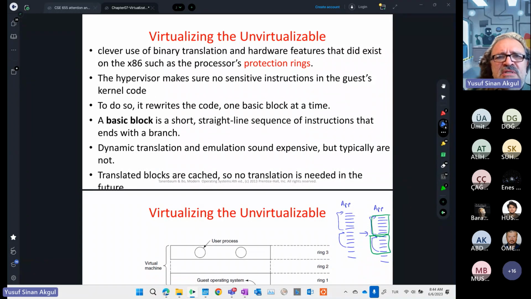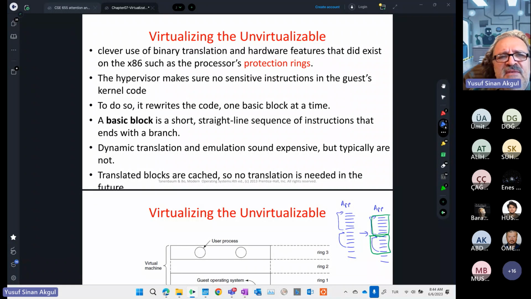They make sure that there are no sensitive instructions in the guest kernel code. If I have this guest operating system, it is running code, of course. It is running non-sensitive code directly on the hardware. That's true.